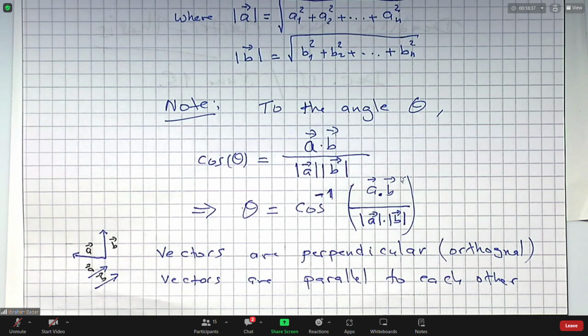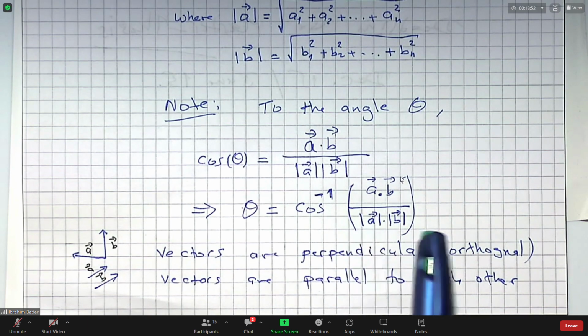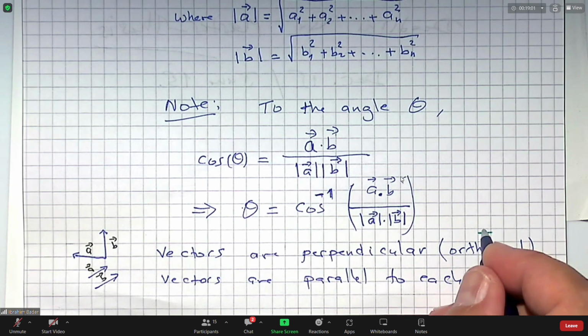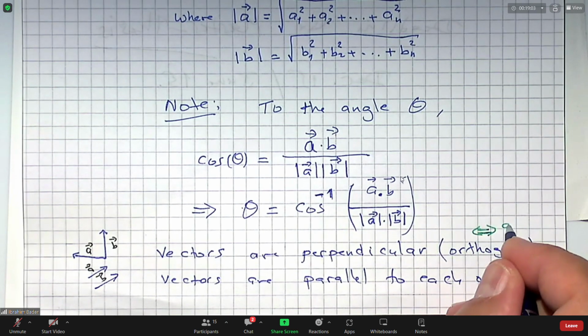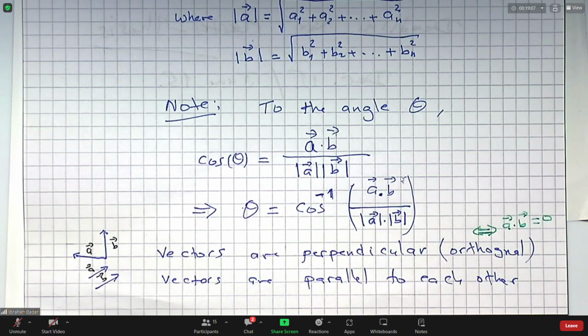90 degrees, right. Cosine of 90 is equal to 0. Notice that the denominator can't be 0, because we have vectors and they have positive magnitude. So they are perpendicular if and only if the dot product is equal to 0, out of this formula.